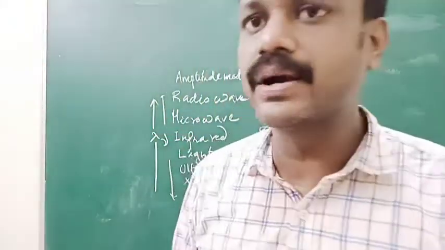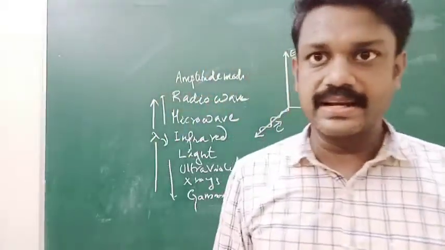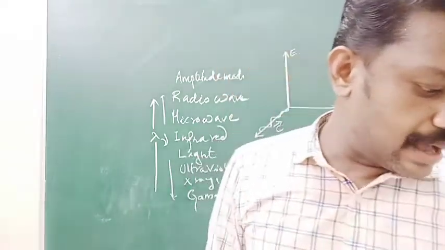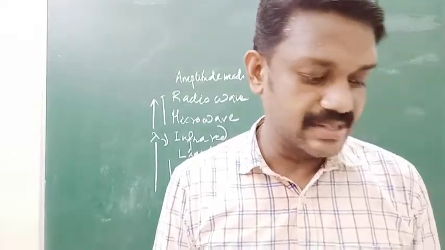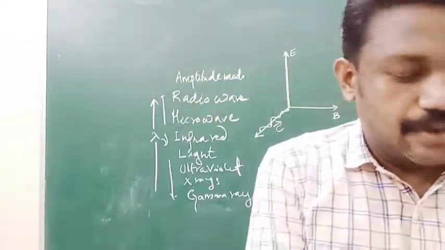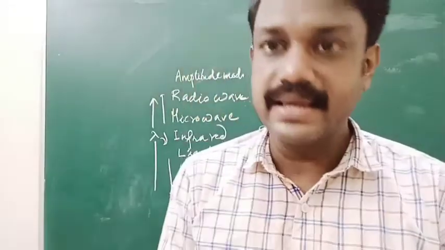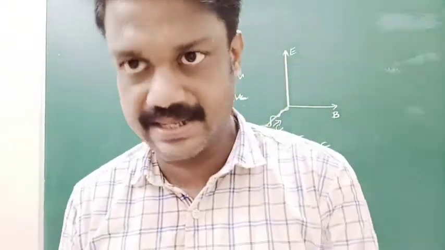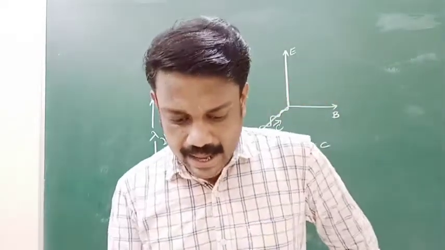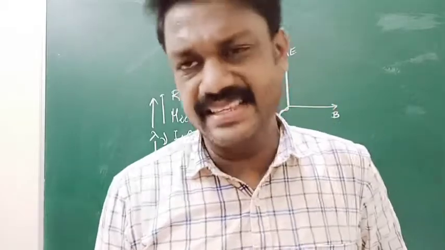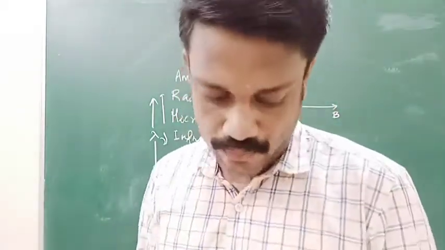So amplitude modulated waves are also a part of the electromagnetic spectrum, known as long waves. Long waves have a wavelength range of 5 into 10 to the power 6 meter to 6 into 10 to the power 6 meter, and a frequency range of 50 hertz to 60 hertz. Its production is weak radiation from an AC circuit. These are the weak radiations coming from an AC circuit. So that is long waves.